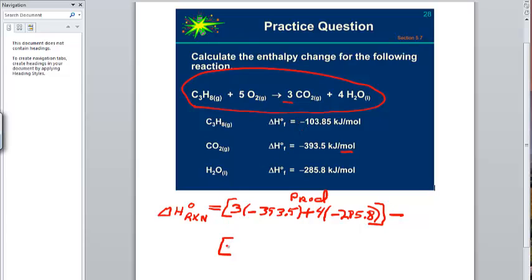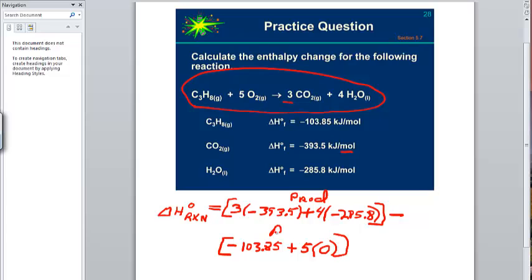So that's just going to be minus 103.85 kilojoules, plus 5 times the enthalpy of formation of oxygen. Oh, wait a minute. Oxygen is an element in its standard state, and the enthalpy of formation of an element in its standard state is 0.